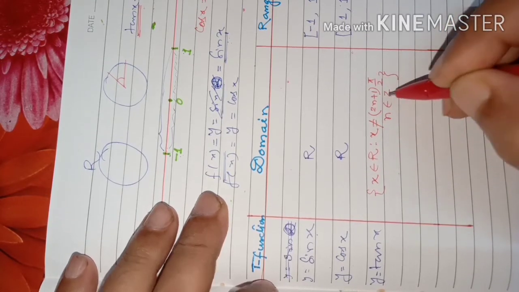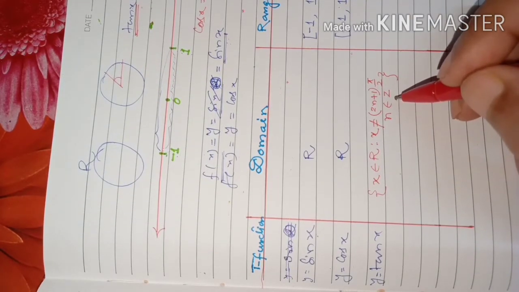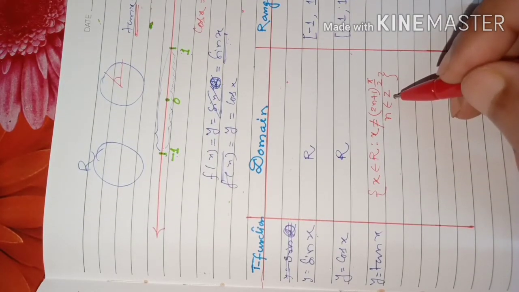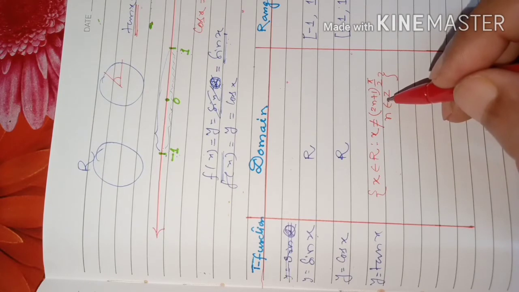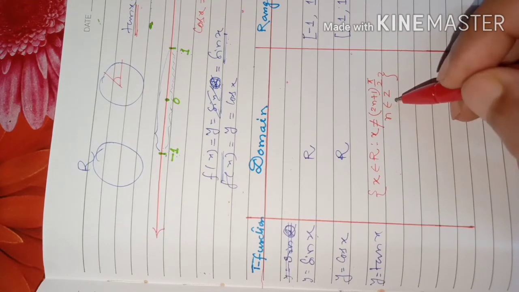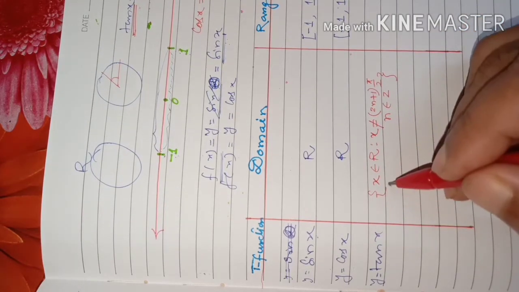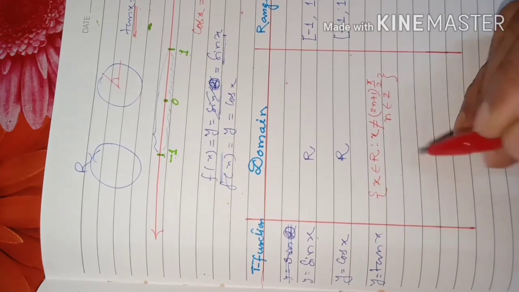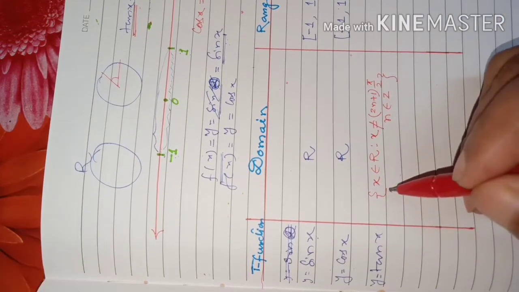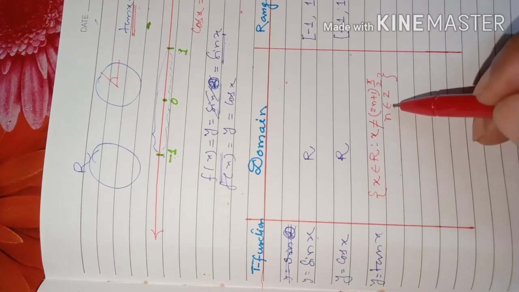So for this odd multiple of pi by 2, tan x is not defined. That's why it can take any real number except this odd multiple of pi by 2.